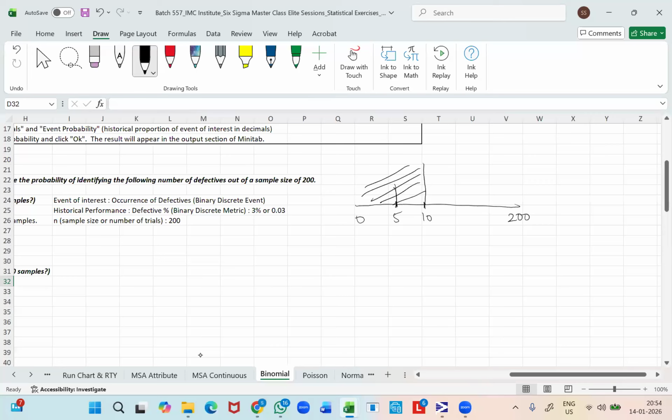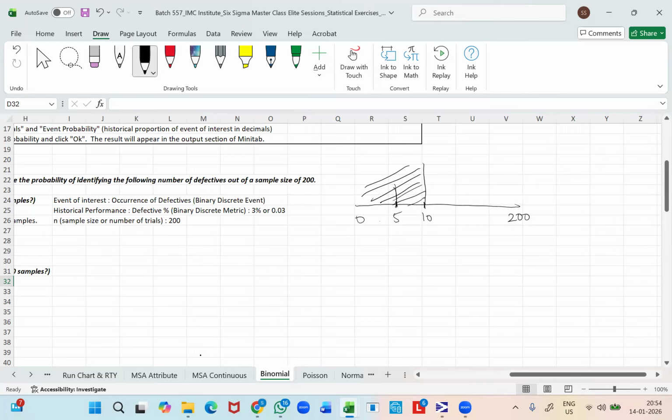So when you say what is the probability of getting maximum 10 defectives, it can start from 0 defective, plus 1 defective, plus 2 defectives, plus 3 defectives, up to 10 defectives. If you look at this diagram, we need to estimate the area to the left of this value 10. Area and probability can be used interchangeably.